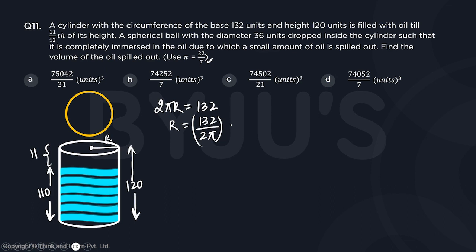We can take 22 upon 7 right away, or we can leave it as such. Let's take it right away so that it will be easier. So this is 44. 44 into 3 is 132. So we will have 21 units as the radius. So the radius of this particular cylinder is 21 units.